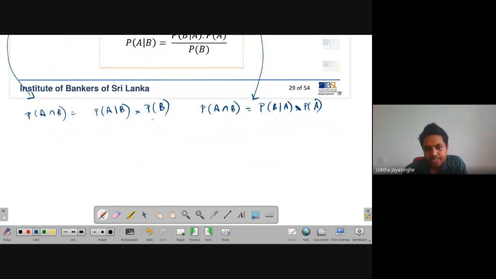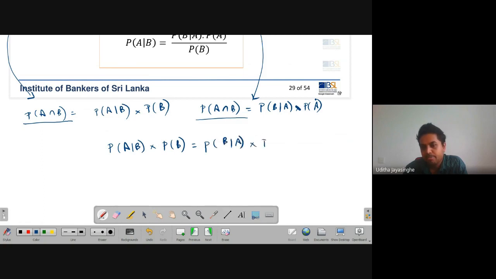We have written two equations, but the left-hand sides of both these equations are exactly the same. So, you can write it like this: probability of A given B multiplied by probability B is going to be equal to probability of B given A multiplied by probability A.